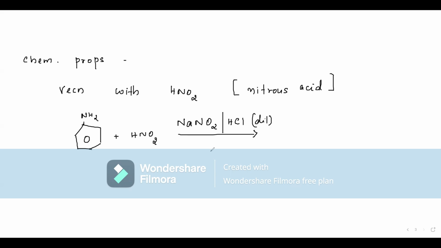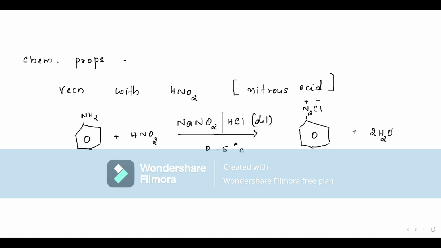Another very important point here is the temperature, 0 to 5 degrees Celsius. If you are not writing the temperature, you won't be getting any marks for this equation. Temperature is very important here. Now, aniline is converted to benzene diazonium chloride, N2 plus and Cl minus. It's converted to benzene diazonium chloride.